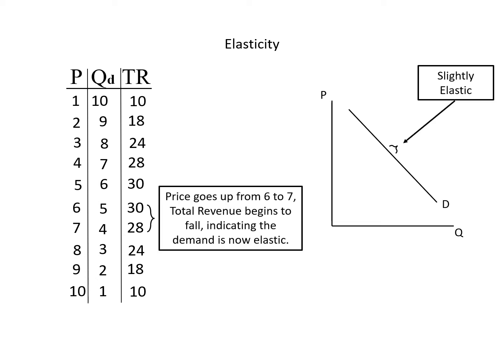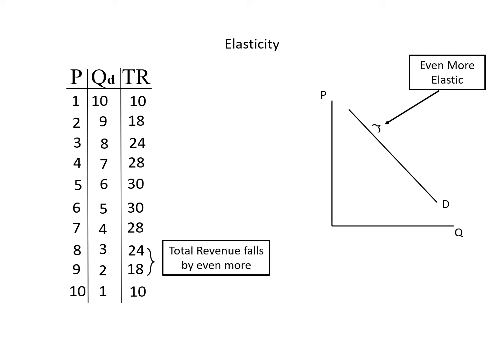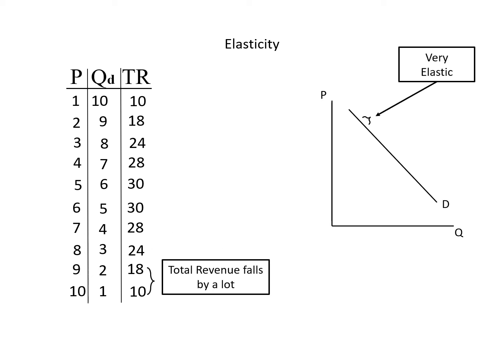Look at what happens after the price rises beyond the point of unit elasticity. Total revenue begins to fall, meaning that the demand relationship has become elastic. And as price continues to rise, total revenue falls by more, and even more, and this time by a whole lot.